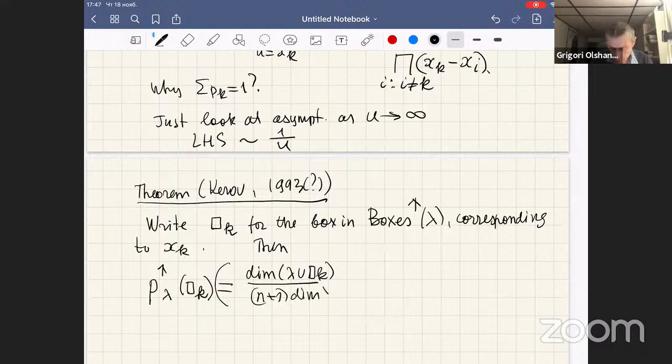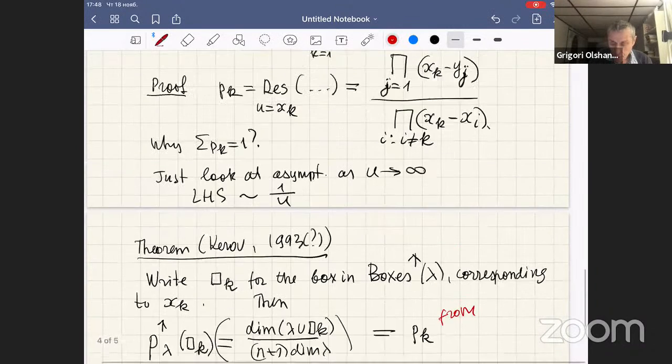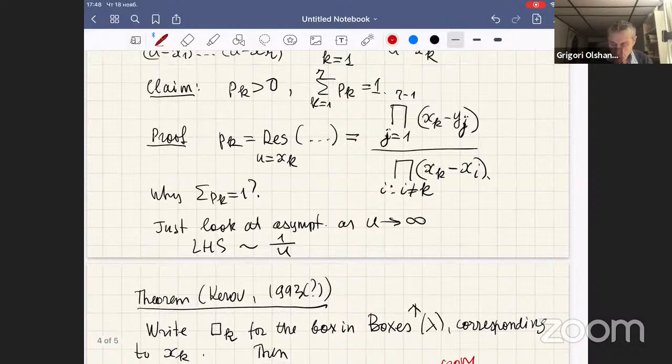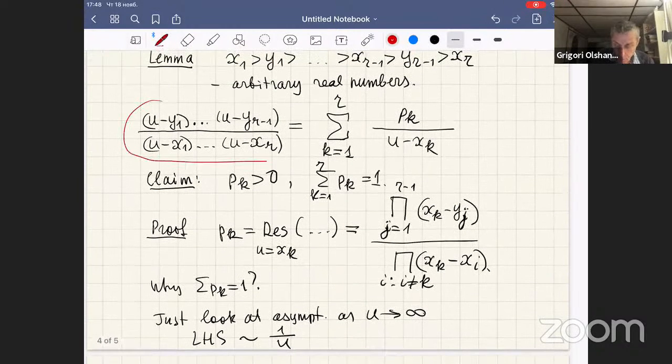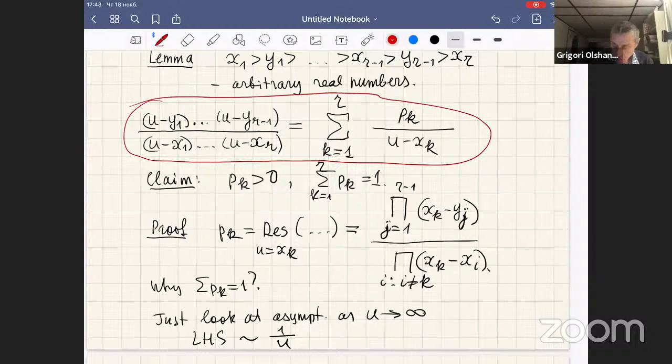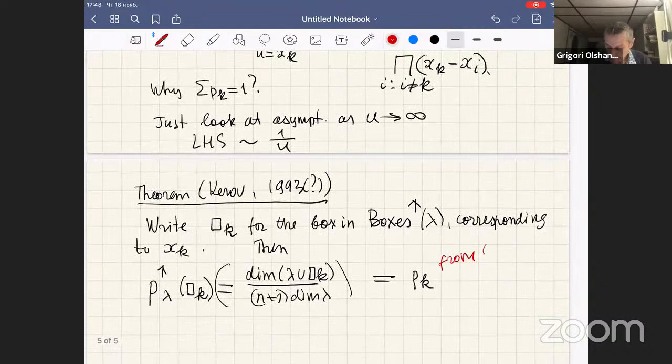So this is the definition, it's not the claim. The claim is that it is this quantity, from this identity. So these numbers are taken from this expression. I want to prove this result.